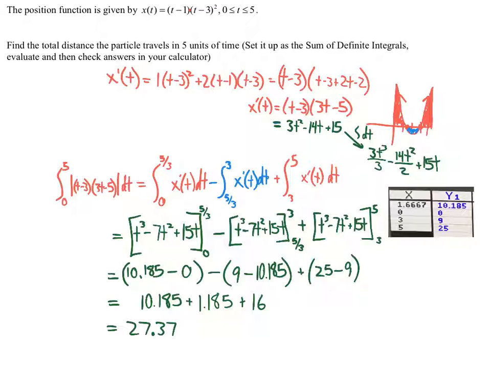Notice we did not end up 27.37 units away from where we started, but that's the total distance that we traveled in those first 5 units of time. If you had the graph for the position, you got the graph line and you stretched it, you were able to get the value?